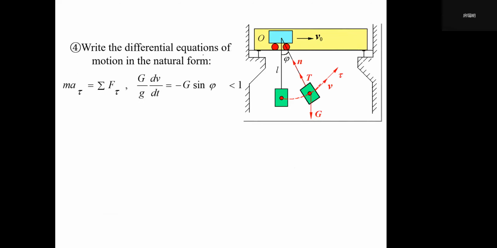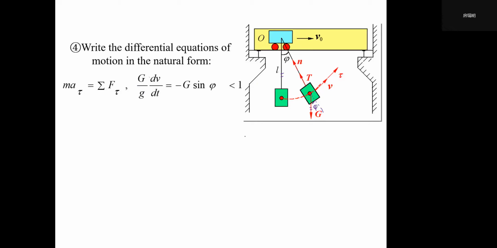So with the differential equation of motion in natural form, we have m a tau equals sigma F tau. And here, actually, we only know its weight. So m equals G over g, gravity of the Earth, times dv/dt. Actually, dv/dt is the acceleration along tau direction, right? It will minus what? So you can think that if I draw an auxiliary line here, because all these are perpendicular, two vertical lines, so we have a phi.